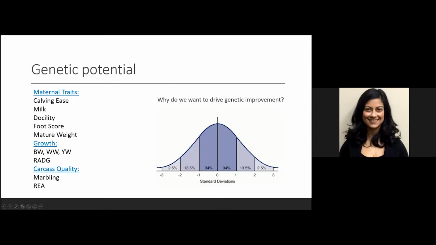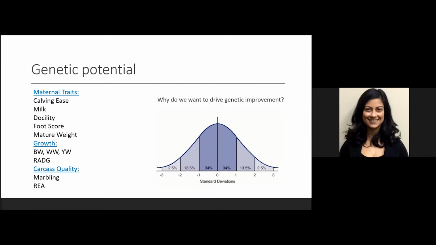And we know from basics of genetics and animal breeding that the resultant calf of a mating is typically the average of parents. So if you mated parents that had the genetic potential that's above average of the population for specific traits, you're going to move that population average higher for those specific traits.